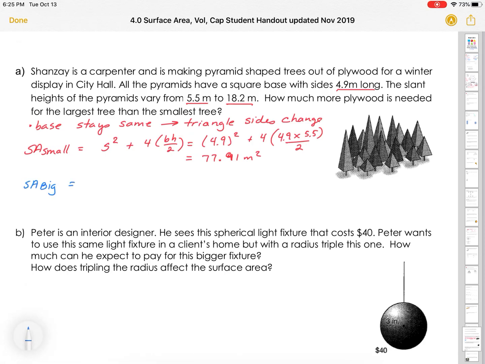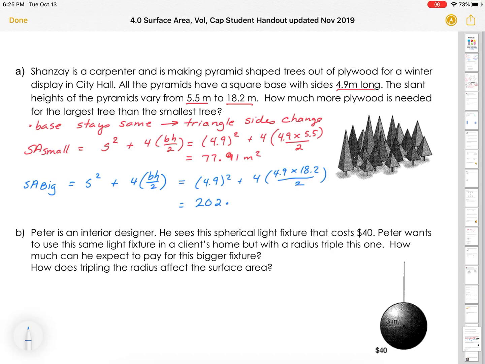Okay, now the surface area for the big, and I'll change colors just so we can see it. Again, the base is side squared plus 4 times base times height over 2. But the triangles are going to be different sizes now. So this will be 4.9 squared plus 4, and we have 4.9 times 18.2 because they're a lot bigger.